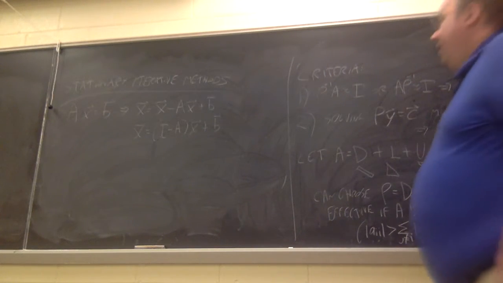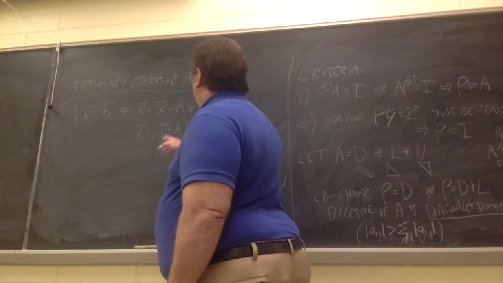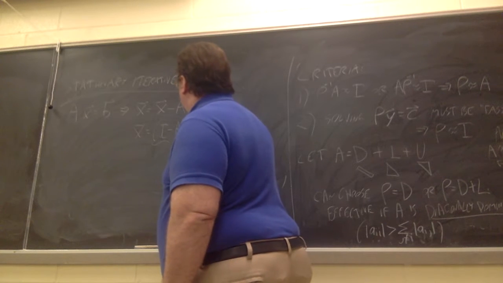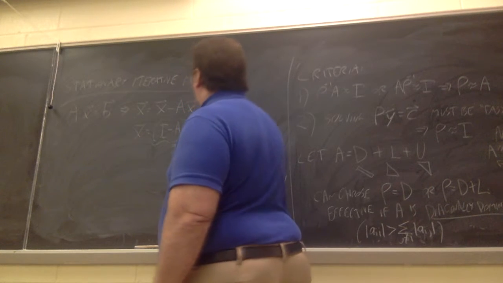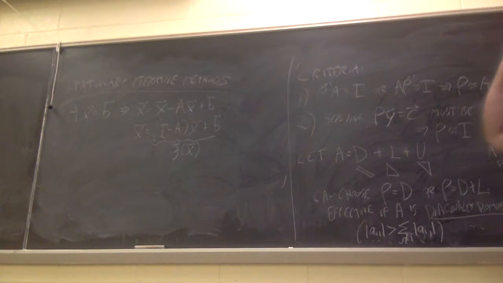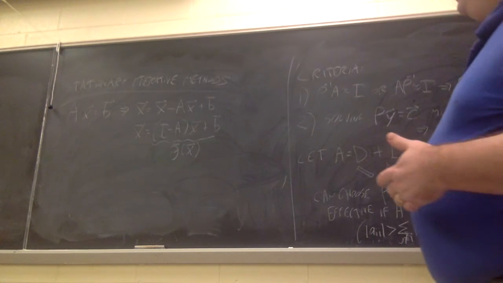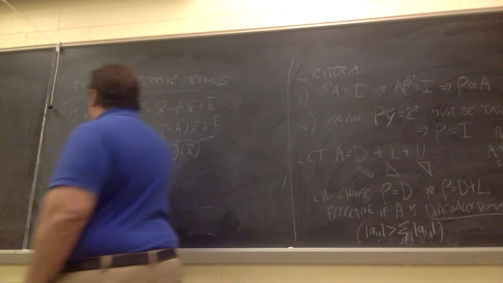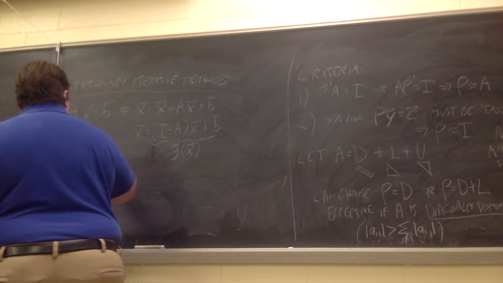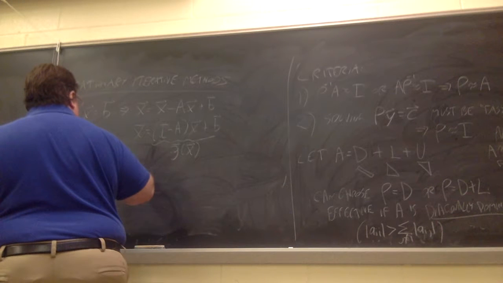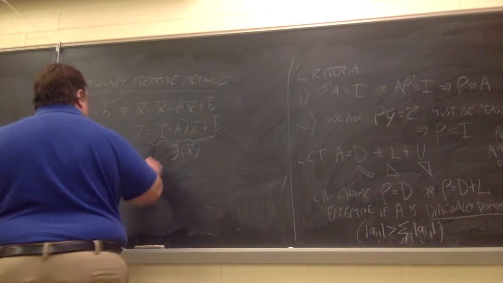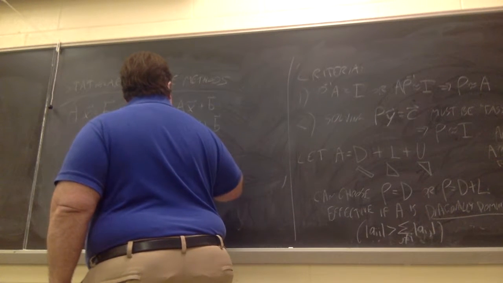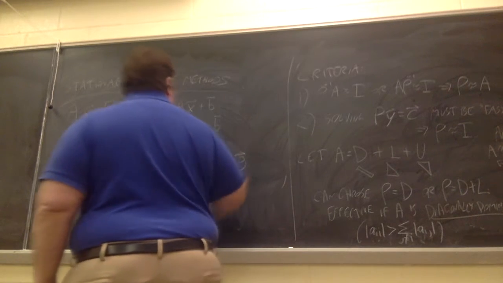Now, if I call this right-hand side a function, I'll call it g of x, so g of x is defined by this formula. Then I have x equals g of x. And what that means, another way of putting it, is x is a fixed point or stationary point of the function g.